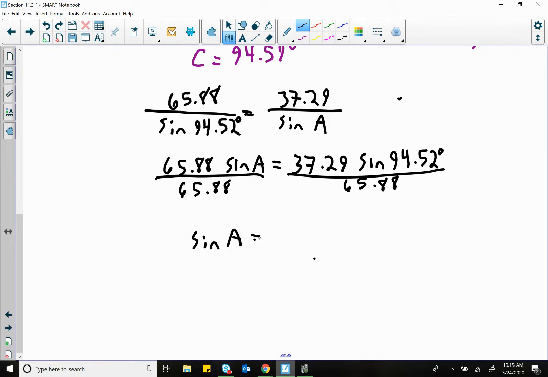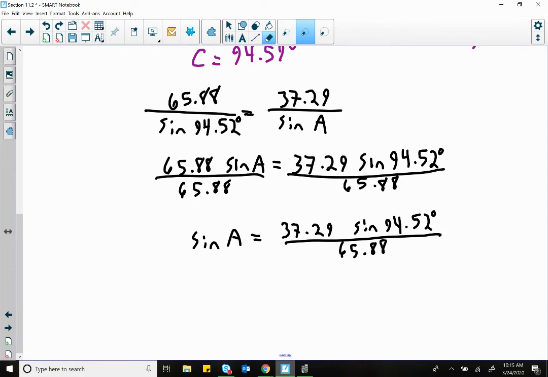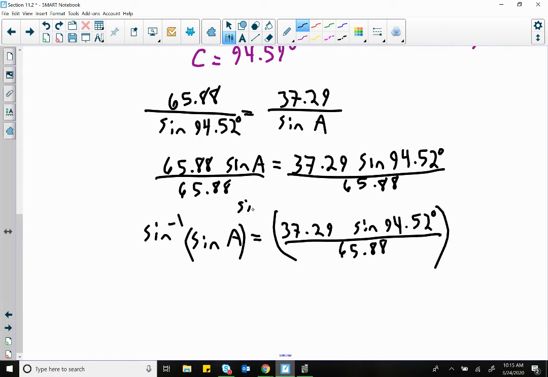Sine A equals 37.29 sine 94.52 degrees all over 65.88. How do I get the A by itself? Inverse trig, sine inverse. And this is how I will find angle A.